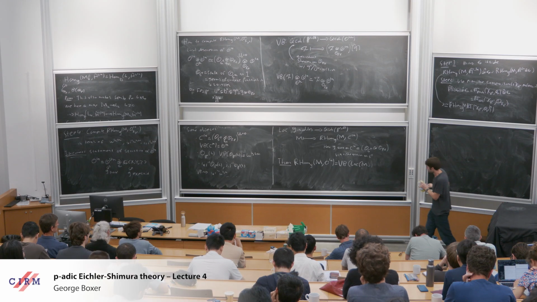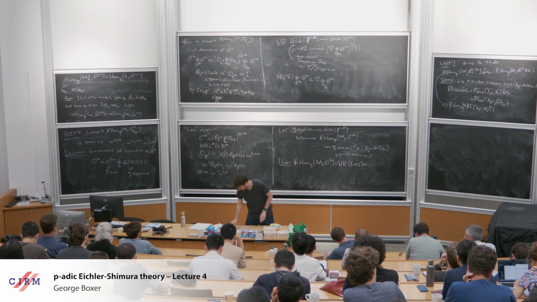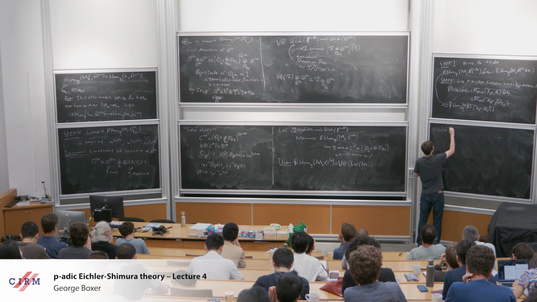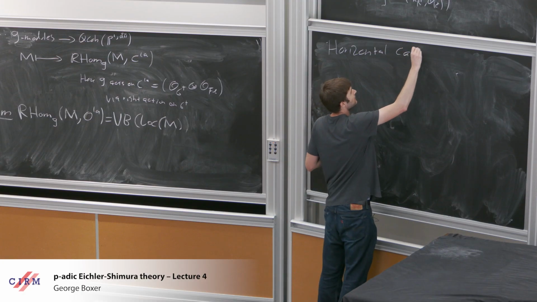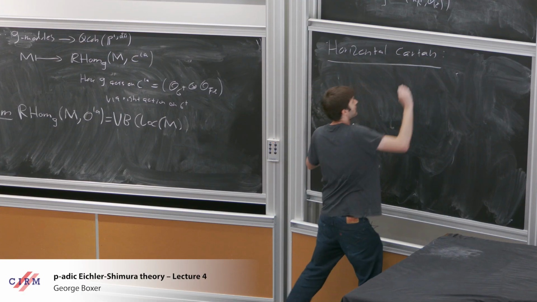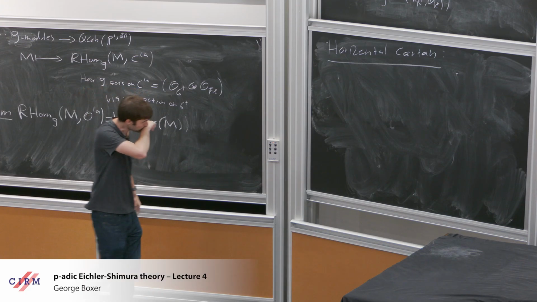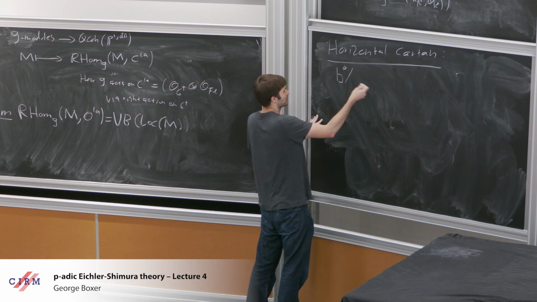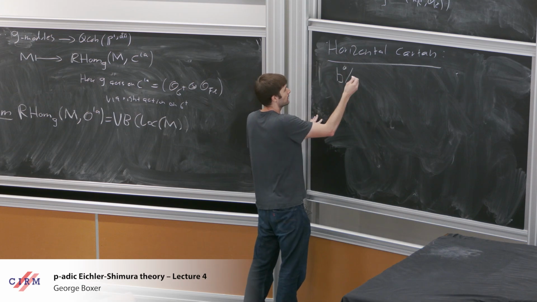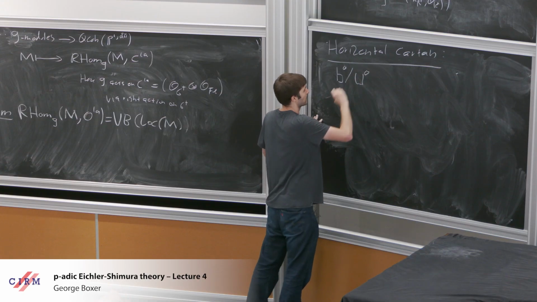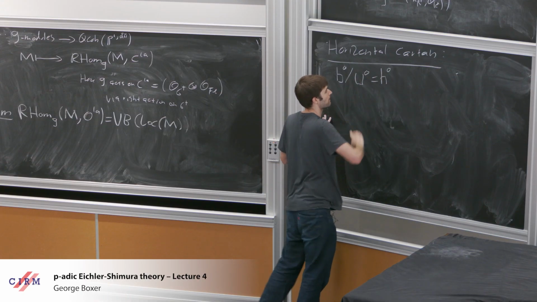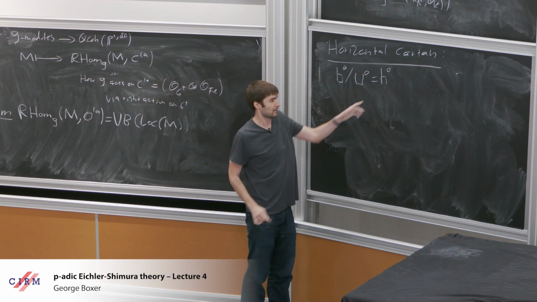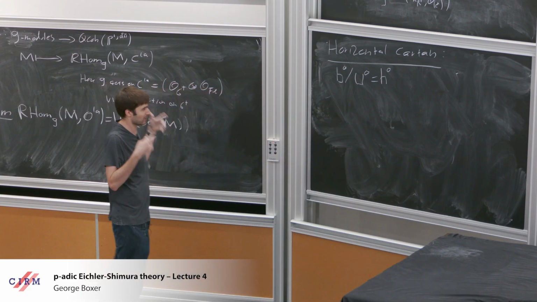Okay. So I need to talk about this horizontal Cartan action. And my timing is not great, so I'll be pretty brief. So we have these sheaves of Lie algebras, and we can consider what I'm going to call H0, which is B0 mod U0. So this is a sheaf of Lie algebras on O_FL, but by some slight miracle, it's actually a constant sheaf of Lie algebras.